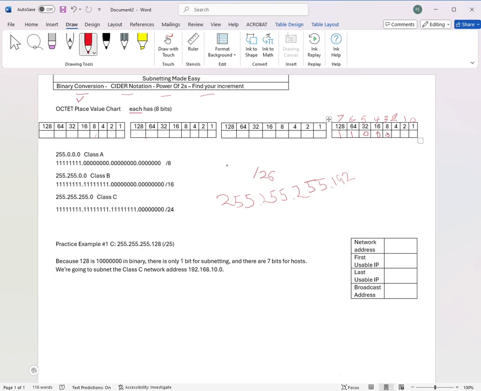Another 0. Another 0. Another 0. And another 0. Definitely do not put a heart here. I'm trying this new stylus. This is crazy.